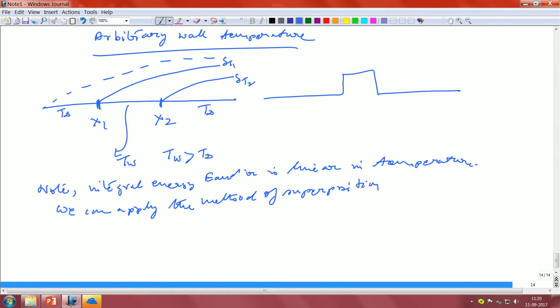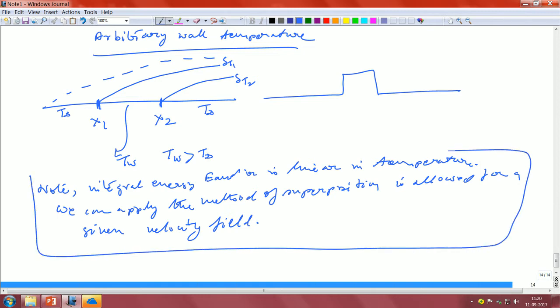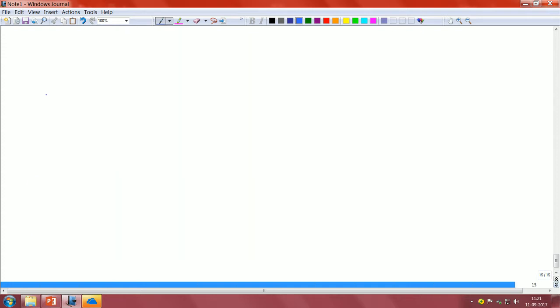Superposition is allowed for a given velocity field. The velocity field is unaltered because it is a one way coupling, as we said. That means the change in the density has no effect on the temperature. Because the integral energy equation is linear in temperature, we can apply superposition provided we know what the velocity profile is going to look like.